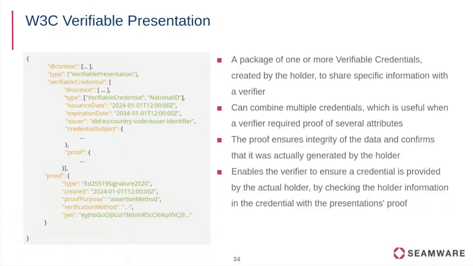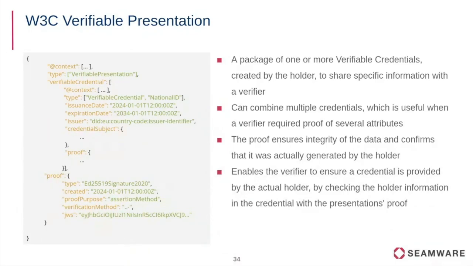So if I have a verifier requesting me for authentication, I go essentially into my wallet, check which verifiable credentials I need to provide him, package them into a verifiable presentation, and send this presentation to the verifier. A presentation can combine multiple credentials, which could be useful when the verifier requires proof of several attributes.